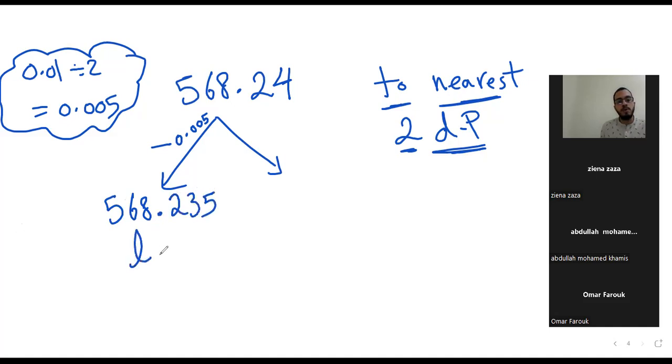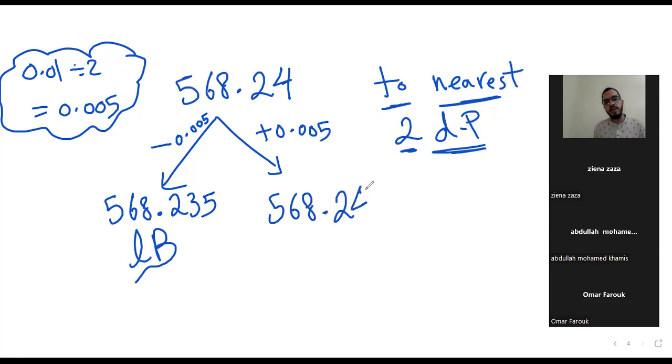And this is the lower bound. And to find the upper bound, you add the same 0.005, which is 568.245. This is the upper bound.